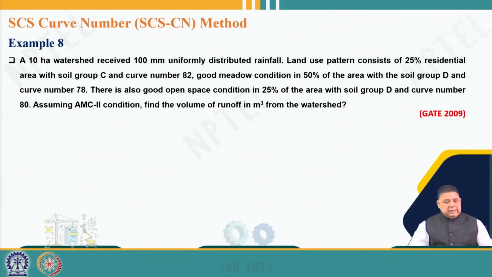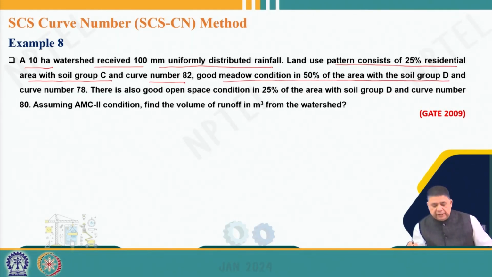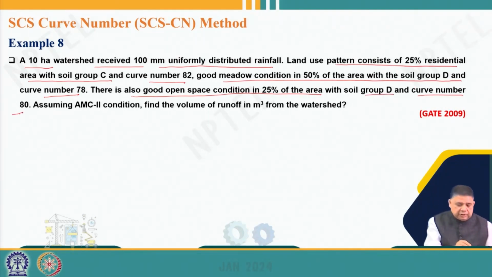So now we take the last problem: a 10 hectare watershed received 100 mm of uniformly distributed rainfall. The land use pattern consists of 25% residential area with soil group C and curve number 82, good meadow condition in 50% of the area with soil group D and curve number 78, and good open space condition in 25% of the area with soil group D and curve number 80.